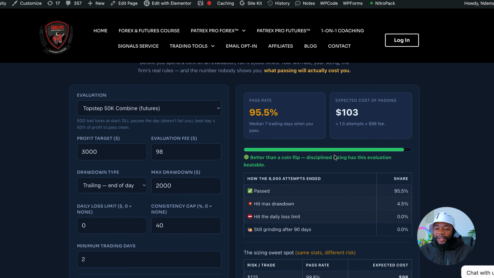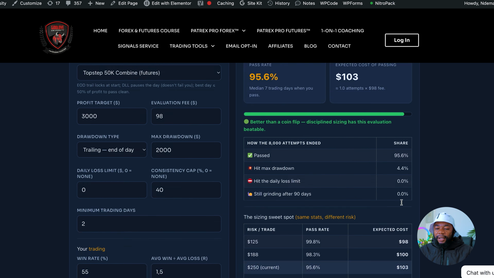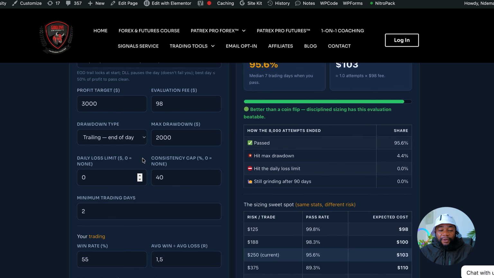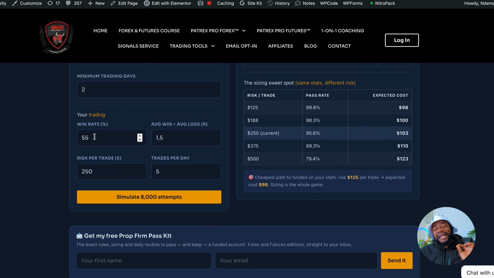Let's simulate and see. You can see, our pass rate here is 95%. Meaning, out of 10 accounts you buy, if you follow these settings, if you have a strategy that has a 55% win rate, and you are going for a risk to reward of 1:1.5, meaning if you are risking 0.5%, you are going for 0.75.